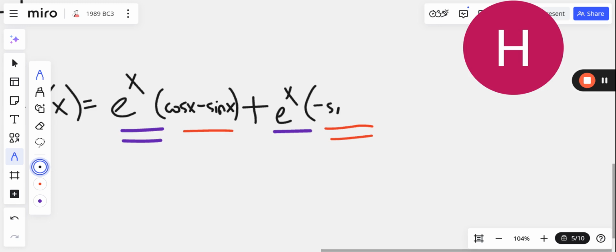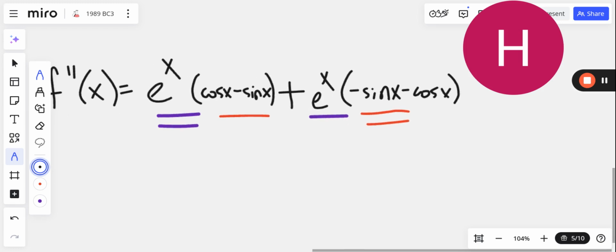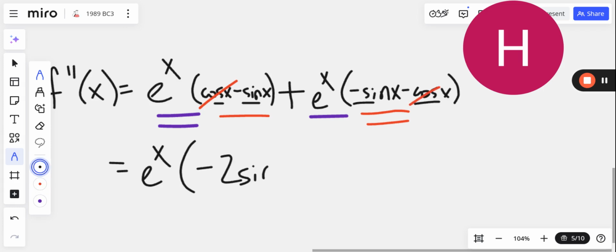Times the derivative of this, which is negative sine of x minus cosine of x. And then, as promised, if there's e to the x involved in the product, we can factor out e to the x. That's going to leave us with cosine minus sine minus sine minus cosine. So the cosines are actually going to cancel, and we're going to have negative 2 sine of x.